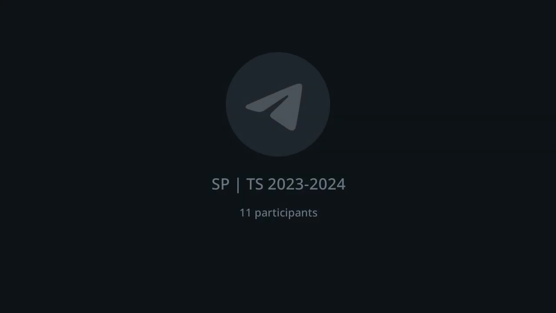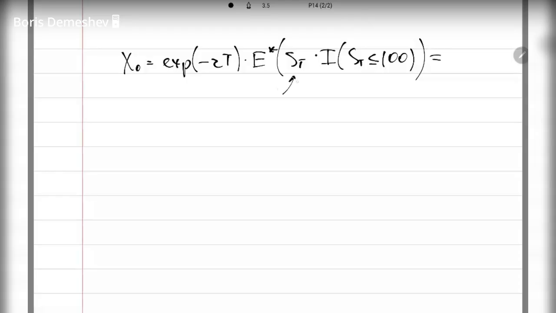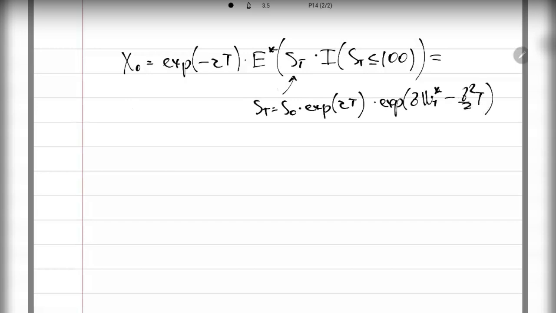Okay, let's simplify everything we have. Let's plug in the formula for ST: S0 times exponent RT times exponent sigma WT star minus sigma squared over 2 times T. We just plug in everything.